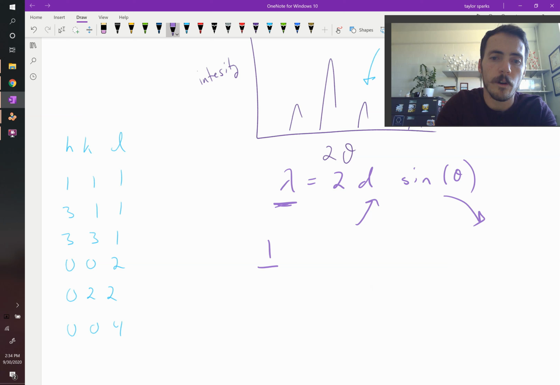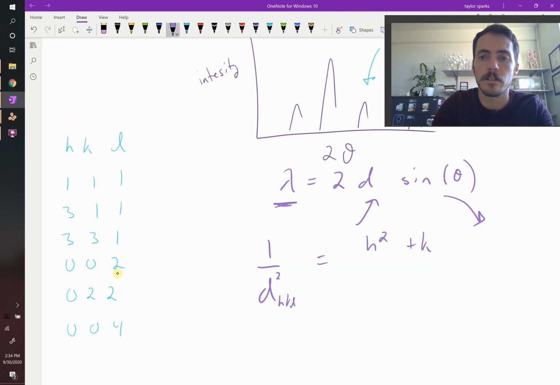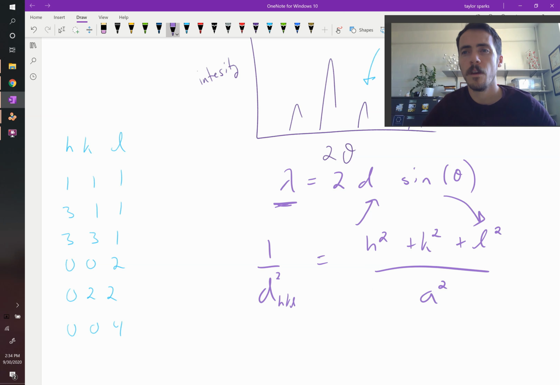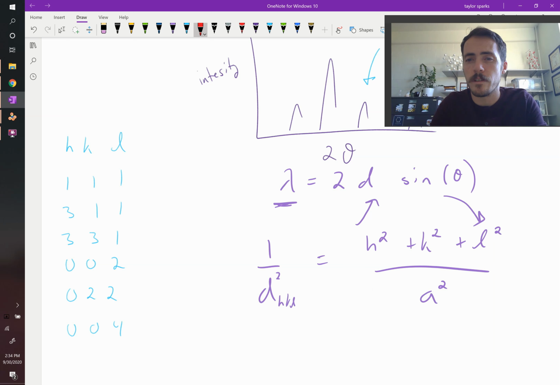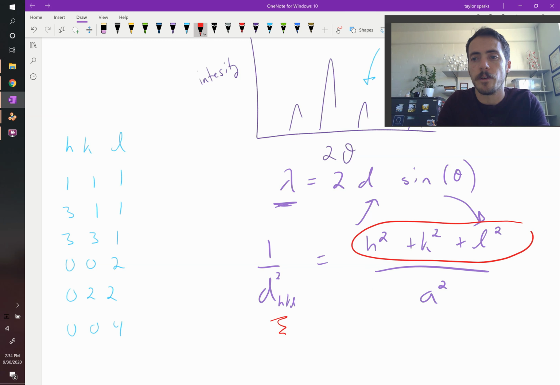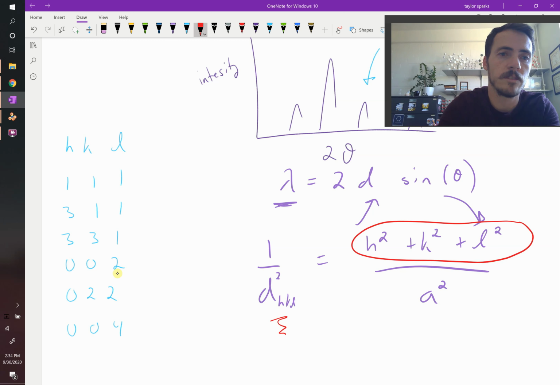Well, since it's cubic, 1 over d squared is equal to h squared plus k squared plus L squared, divided by a squared, right? Therefore, if we want to have the largest interplanar spacing possible, we want the smallest value right here, right? So if we add up h squared plus k squared plus L squared, we want it to be as small as possible. So let's do that.